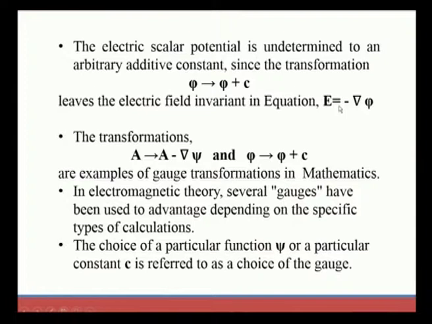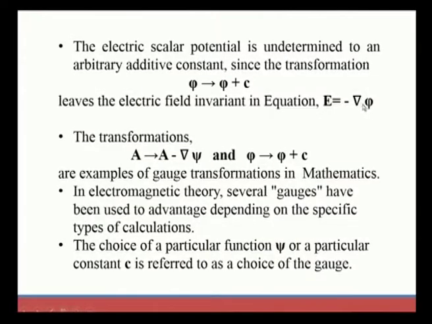We remember that we got these equations from the scalar potential, where E is always represented in terms of phi. So E is equal to minus del phi. If we change this phi with a small additive constant like c, it does not affect the electric field. So the transformations we come up with for the scalar and vector potentials are like this.